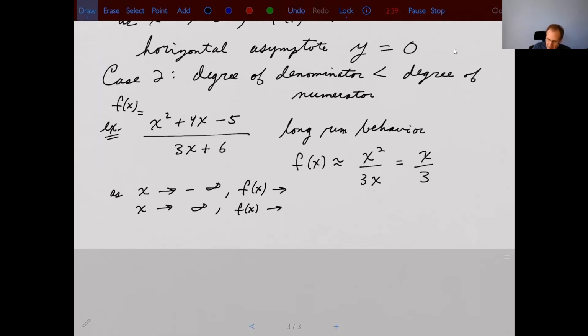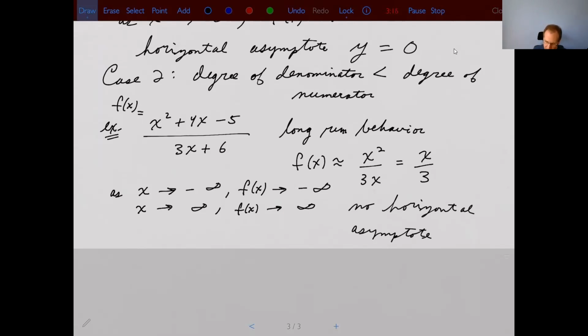So it's definitely not approaching any particular value, right? In this case, as x goes to negative infinity, x over 3 also goes to negative infinity. And as x goes to positive infinity, x over 3 goes to positive infinity. So in this case, you would say that there's no horizontal asymptote, because the function doesn't approach any constant value.